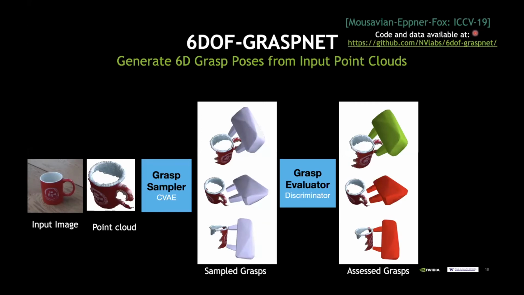And then this network is trained to predict the probability that this will be a successful grasp. So for example, if the object and the gripper are in collision, then the network clearly will say that's not going to work out. And for the other grasp, it will then check whether it has a high chance of succeeding.